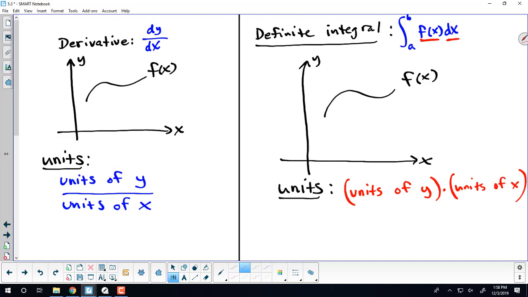And again, if we think of something specific here, if we think of f of x as a velocity function, where velocity is measured in miles per hour, the y is the velocity, so it's in miles per hour, but time is in hours. When we look at the antiderivative of velocity, what do we get?